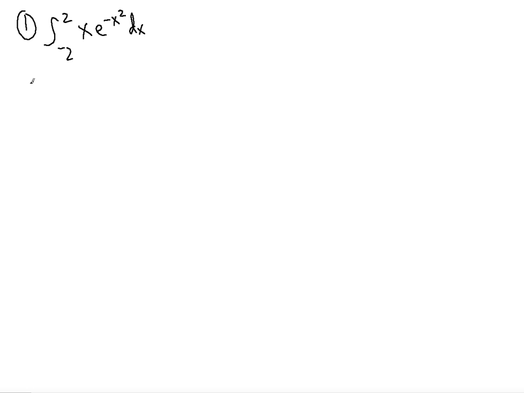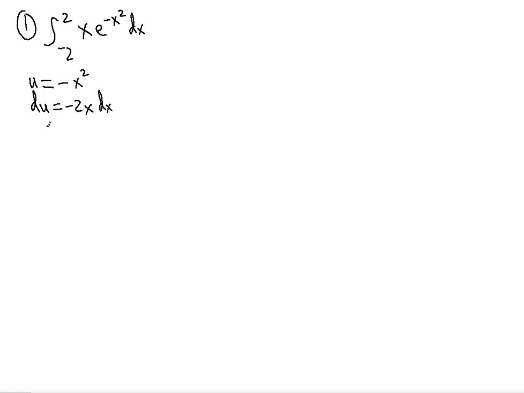Okay, so using the u substitution, we will have u is equal to negative x squared. Du is going to be equal to negative 2x dx. Notice that here you're going to have to change the variables of integration because your limits are with respect to the x variable, but now you're introducing the u variable.